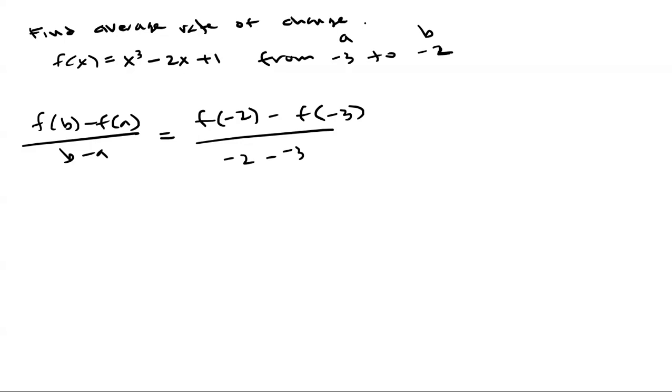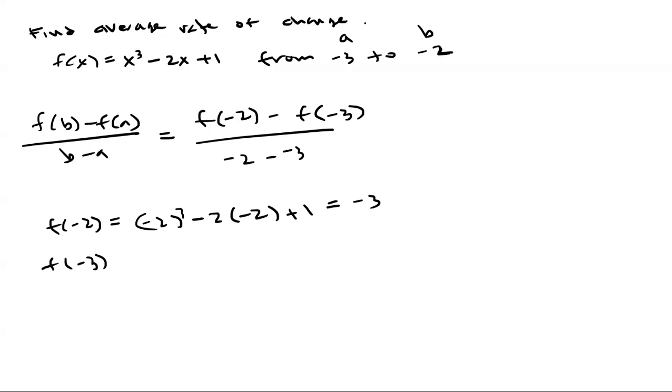Let's go ahead and plug this information in. We have f of negative 2, so that'll be negative 2 cubed minus 2 times negative 2 plus 1. When we put that in the calculator, we should get negative 3. Then we have f of negative 3, which will be negative 3 cubed minus 2 times negative 3 plus 1.